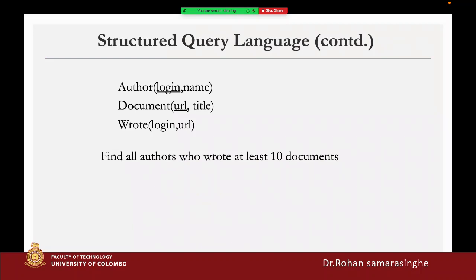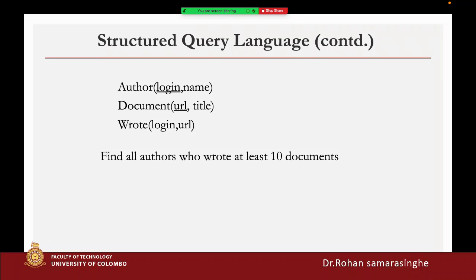Here is another one: author, document and wrote. Author has login and name, document has URL and title, wrote has login and URL. Find all authors who wrote at least 10 documents. You can see author login and name is there, document URL and title.